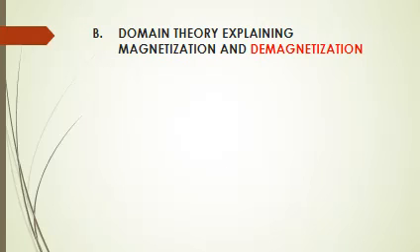Now let us finish this topic by looking at domain theory, helping us to explain magnetization and demagnetization. In previous slides we have already explained how domain theory can help us explain magnetization. But now let us see how it can help us explain demagnetization, starting with self-demagnetization.